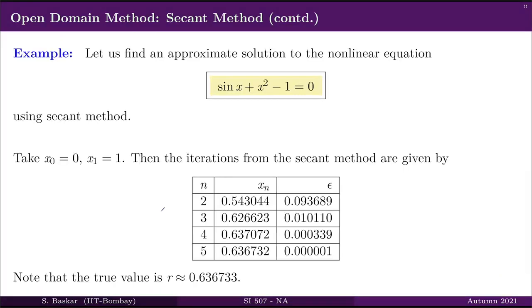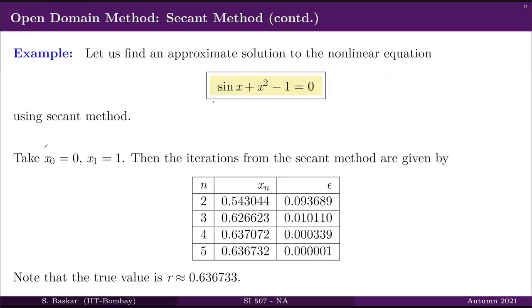Finally, let us give an example to show how to compute the terms of the iterative sequence of the secant method. For this, let us take our usual equation, sin x plus x square minus 1 is equal to 0. If you recall, we have done this example both for the bisection method and the regula falsi method. In both the cases, we have taken the interval 0 to 1.